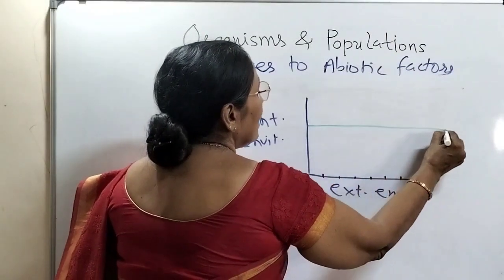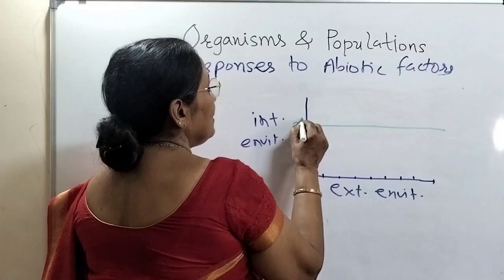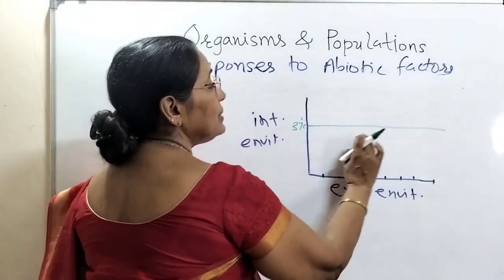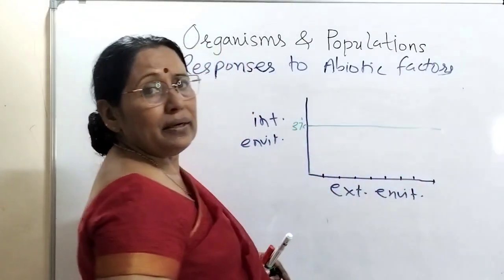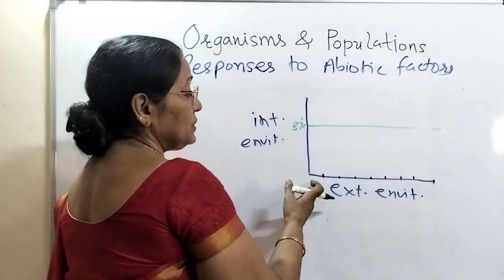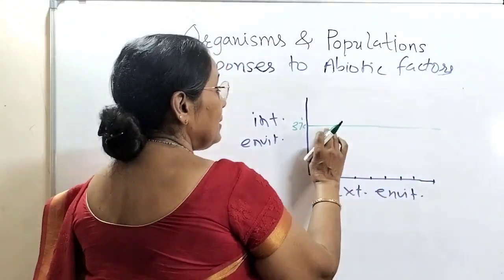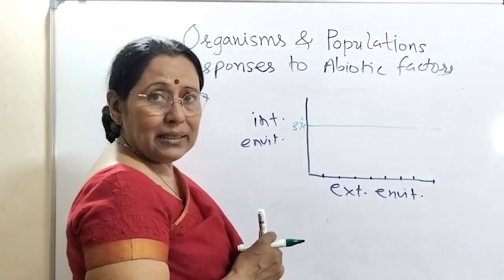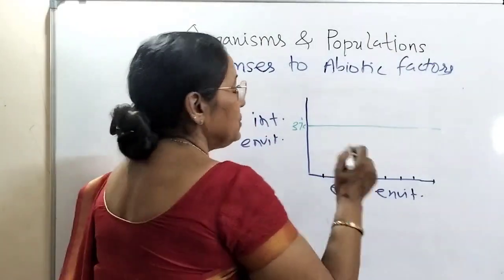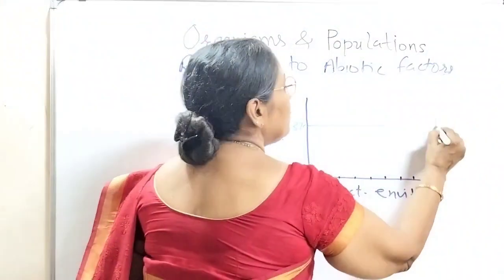If this is 37 degrees, they will maintain a constant 37 degrees, whether the outside temperature is 5, 40 or 45. They maintain a 37 degree centigrade body temperature. So these are called regulators.